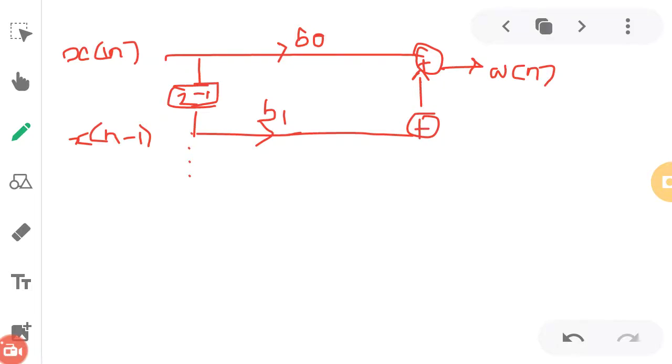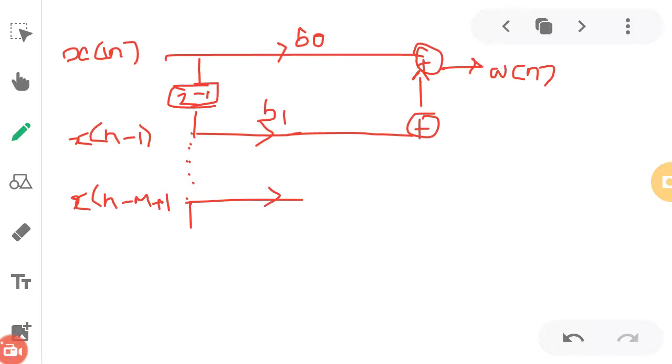That means again we will take the inverse transform, and for the last term, suppose this is x of n minus m plus 1 term, then how will we write it?